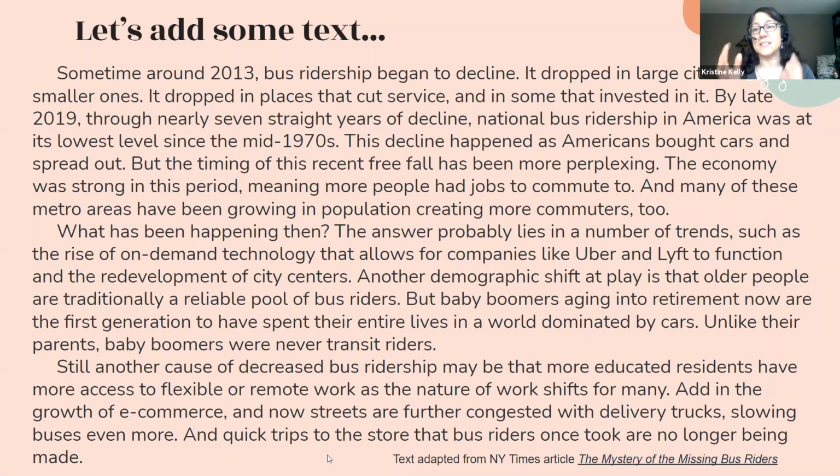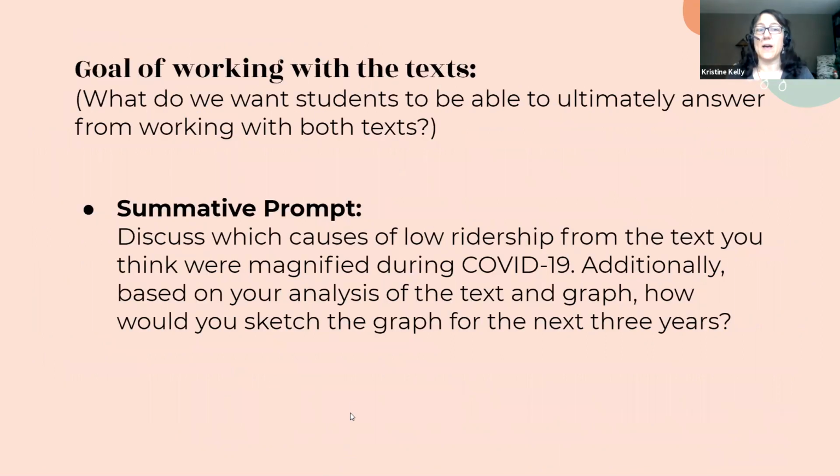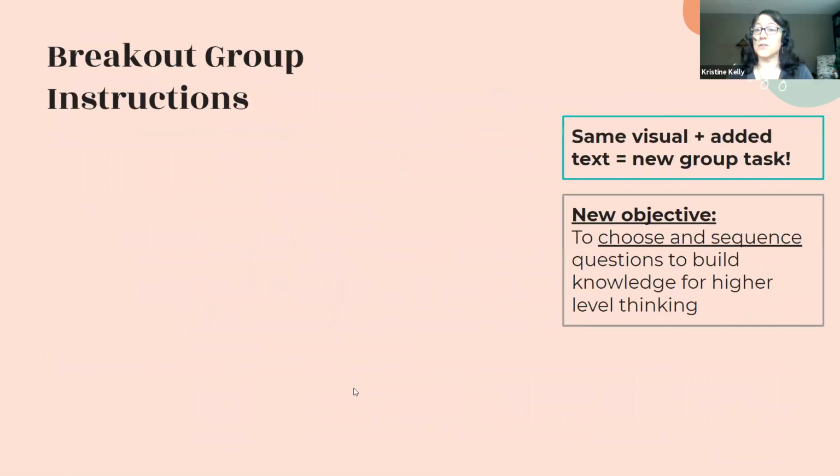And now this idea of COVID-19, it isn't even mentioned in this text, but if this were the summative prompt, what would help to build that knowledge? And you are going to get an opportunity then, and this is in another doc. You're going to be working in breakout groups, and Lindsay's going to set that up.